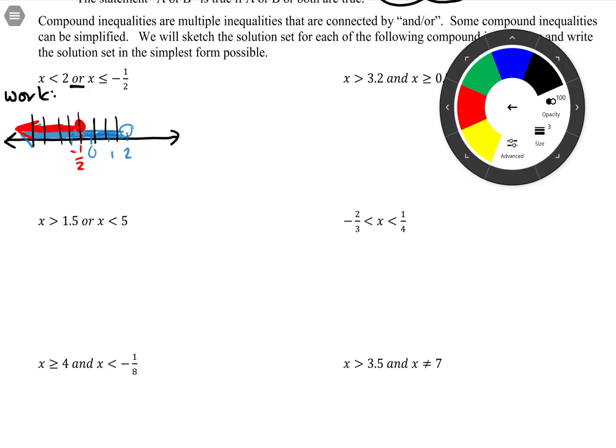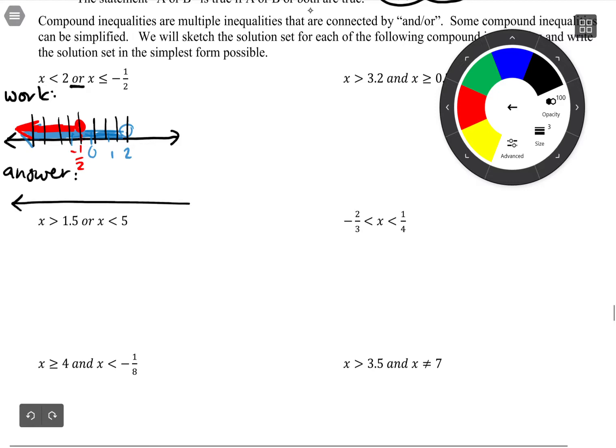One or both are true, and that continues until I get to 2. Once I get to 2 and then anywhere to the right of 2, neither one of those statements is true, which means the or statement isn't true. So I'm looking for the combination of the two sets, and I can summarize that. So this is my answer by saying, okay, anything from 2 over works for the or statement.